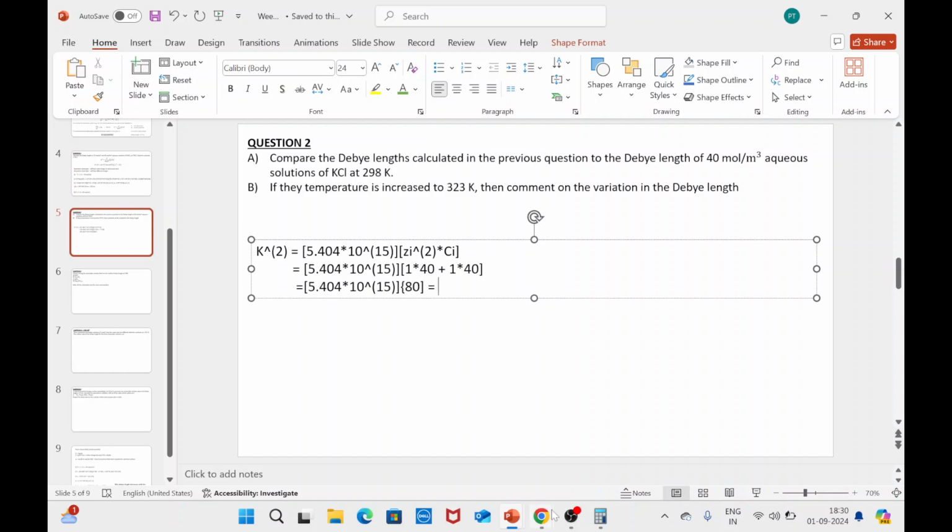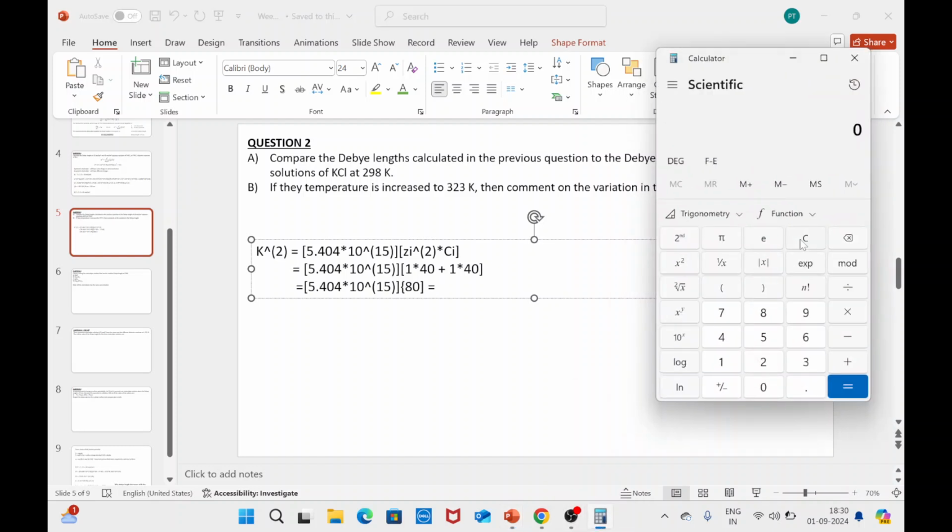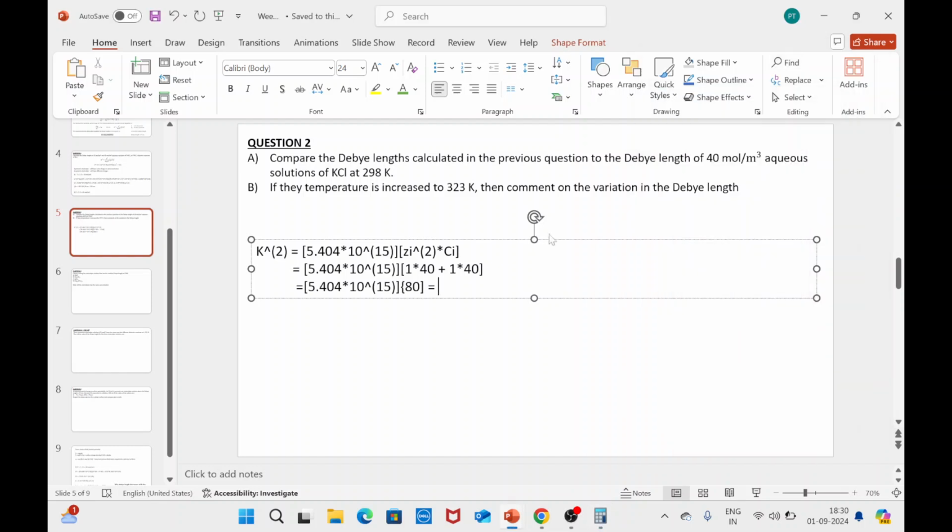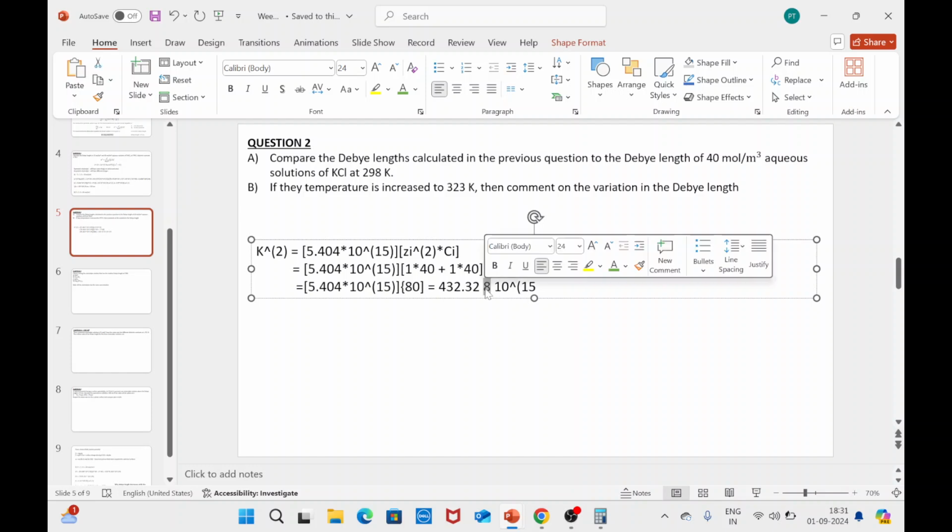So the value is 432.32 times 10 to the power 15. So this is the value of kappa square.